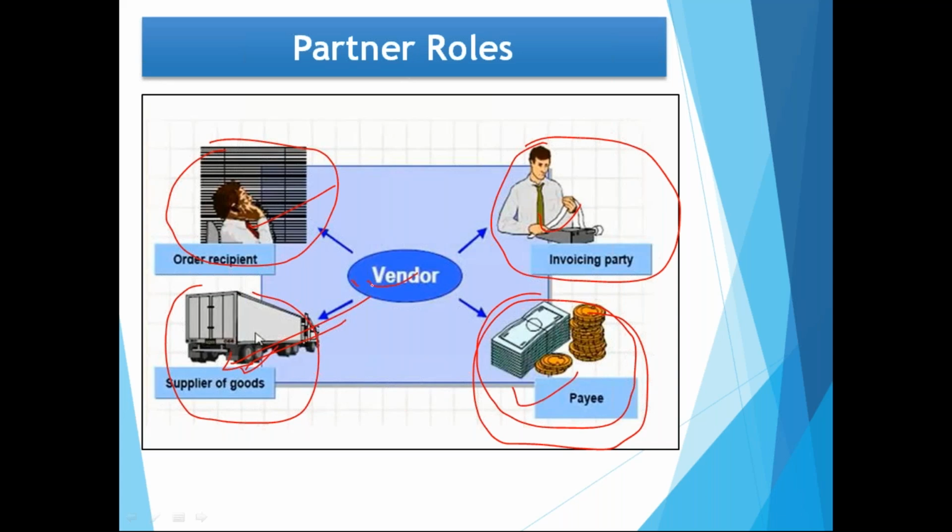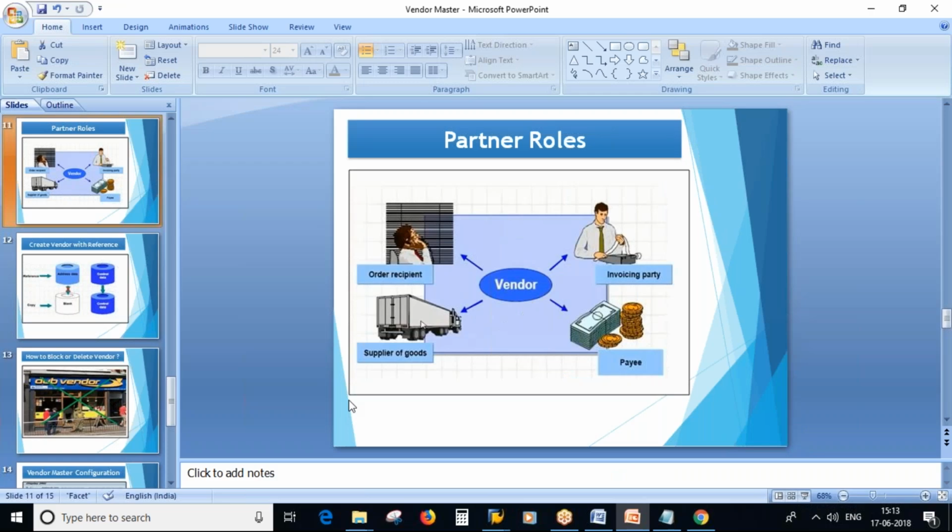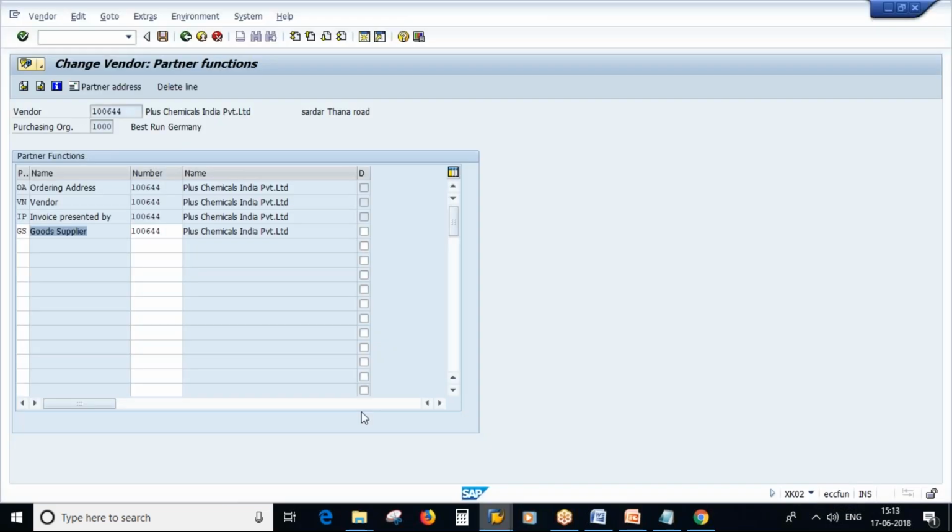So this partner function details you can maintain over here if you want. Now if you see here, ordering address same, vendor same, invoicing party same, but goods supply will be done from, let's say, a separate plant. So I'll search for a goods supplier.